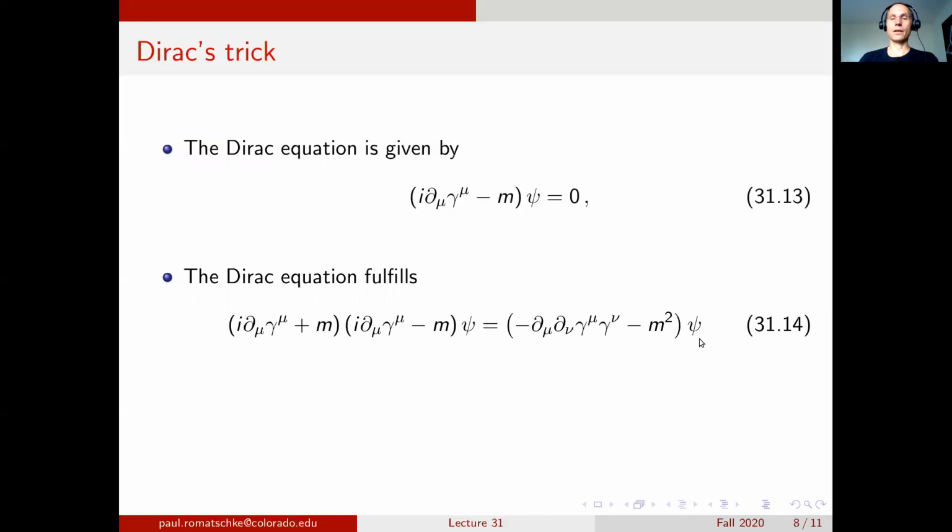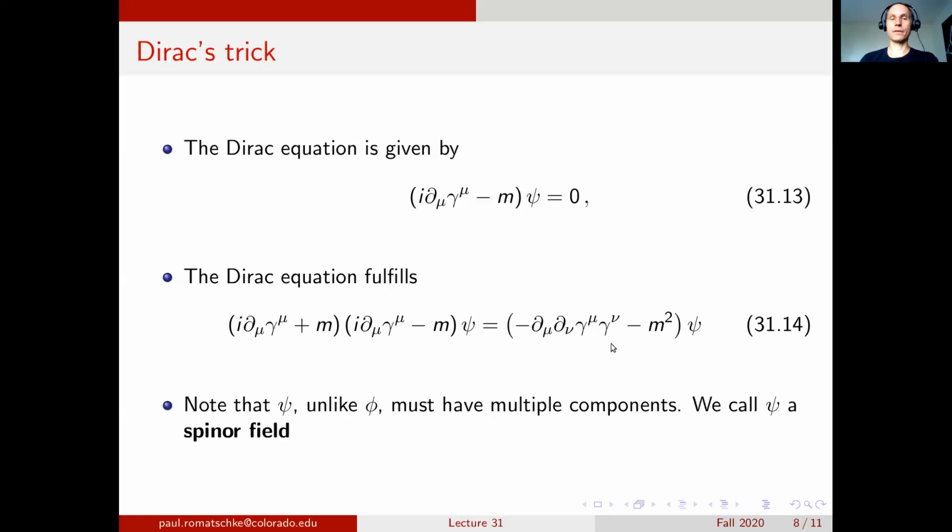And if we then use the Dirac algebra, so the Clifford algebra for the gamma matrices, we can replace this by minus g^{mu nu} times unity, so that the first part here just becomes the box operator. We find that this equation is nothing else but the Klein-Gordon equation.